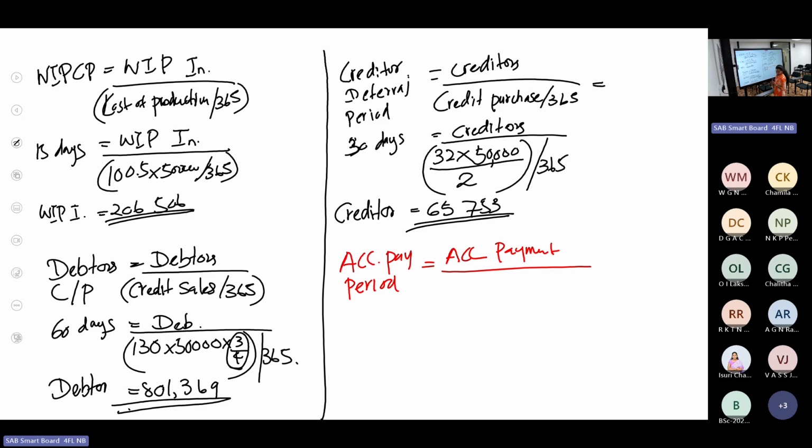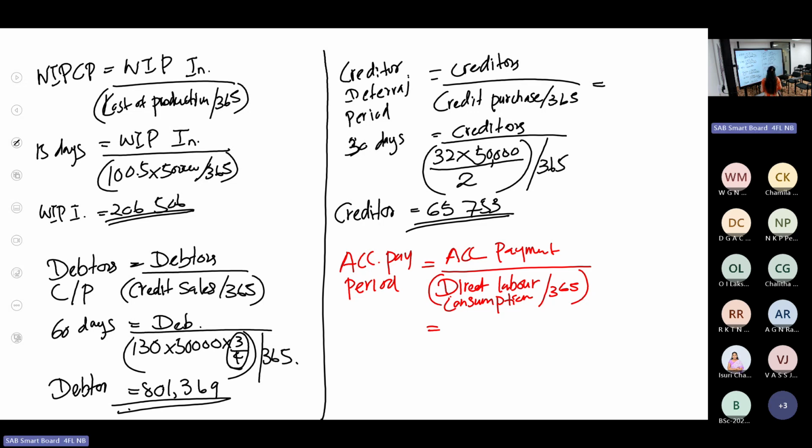This is for direct labor consumption, divided by 365.